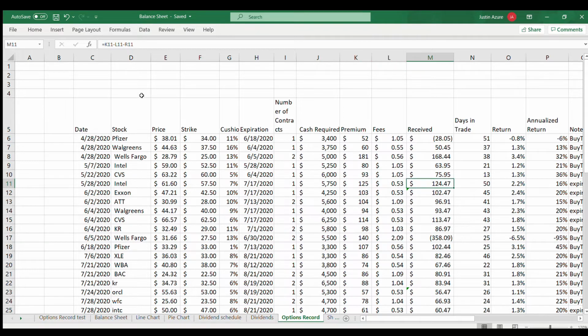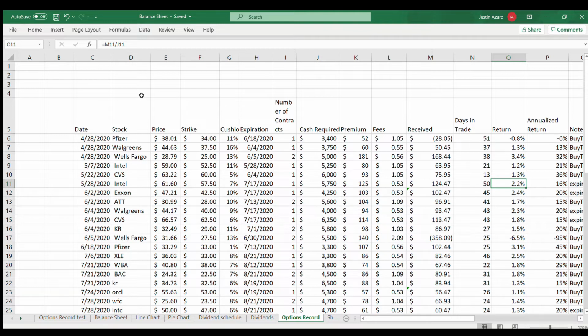I was thinking about getting rid of this premium and fees column and then just doing a money received column. Okay, so then I have days in trade. That's just subtracting the expiration from the initial date. Then we have return, and this is the return for the trade.